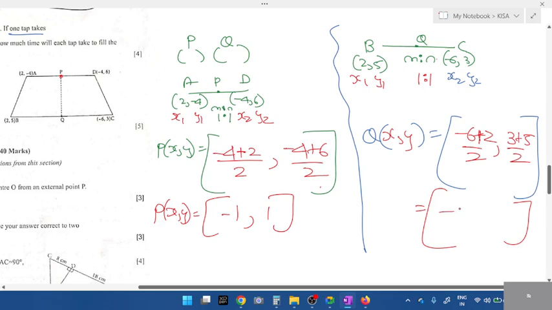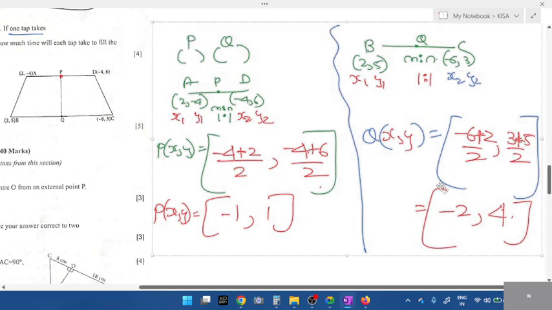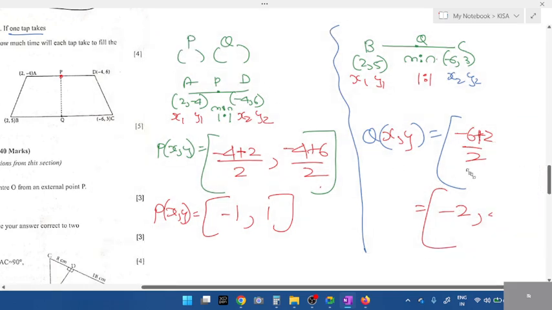Minus 4 divided by 2 is minus 2 and what kind of calculation are you doing? 3 plus 5 is how many? 8 divided by 2 is 4. Then why did you tell 1?